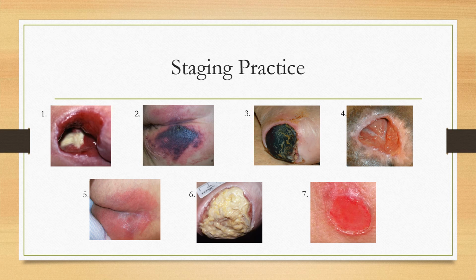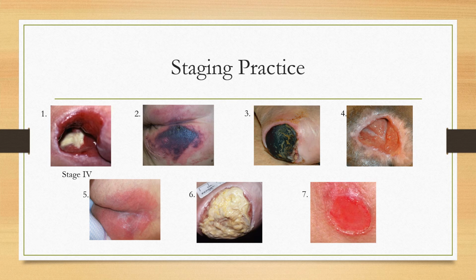Okay, so these are just some practice images of ulcers, and again, they're usually on pressure points, right? Heel, coccyx, sacrum, hip. Okay, so number 1 is a stage 4 ulcer.